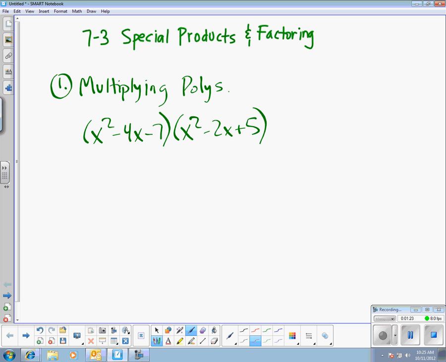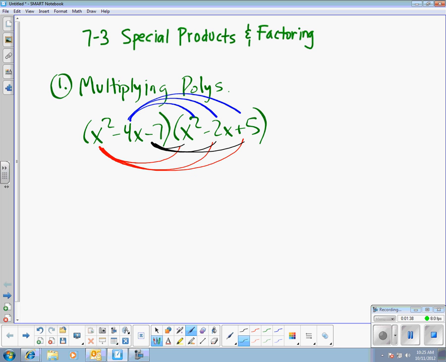So I'm going to multiply the x squared by all three terms, and I'm going to multiply the negative 4x by all three terms, and then I'm going to multiply the negative 7 by all three terms. So if I have a 3 by 3, I should expect 9 terms before I combine like terms. And really this just becomes a bunch of separate little calculations all together to give you one answer.